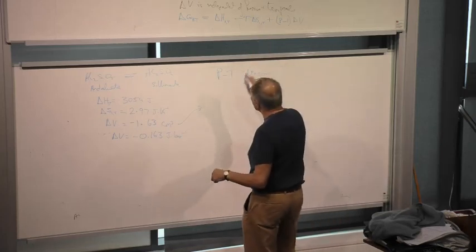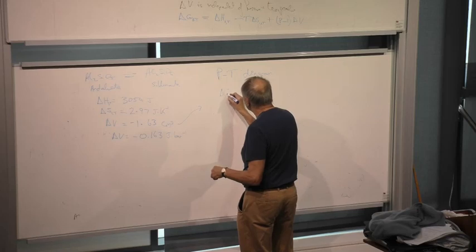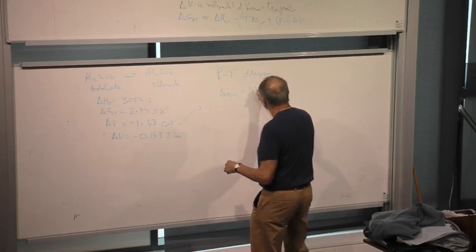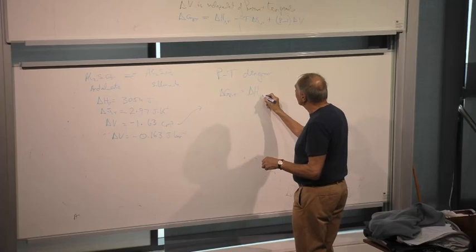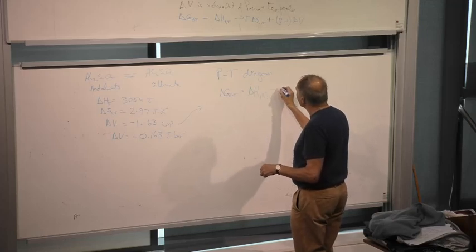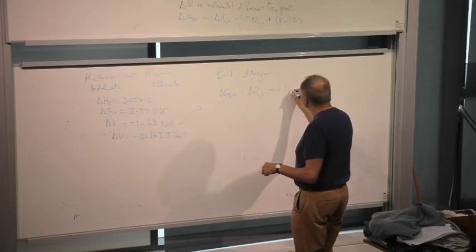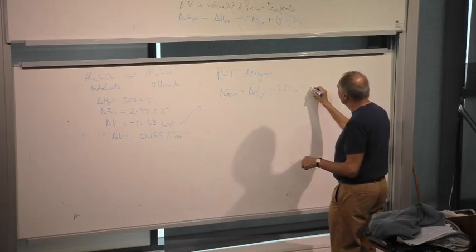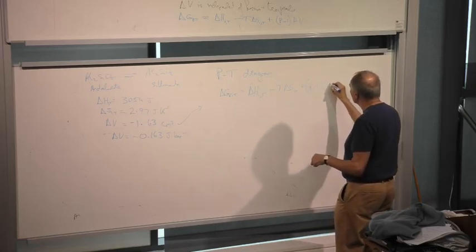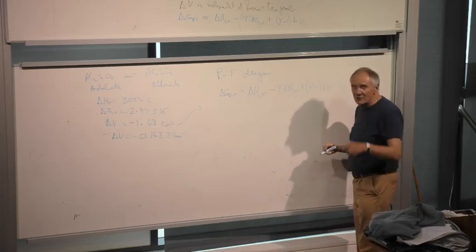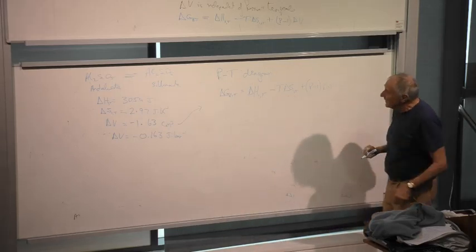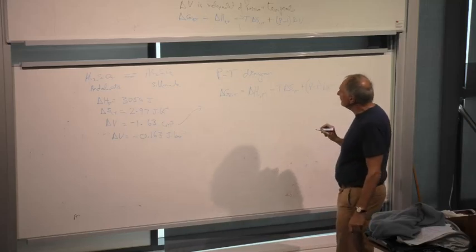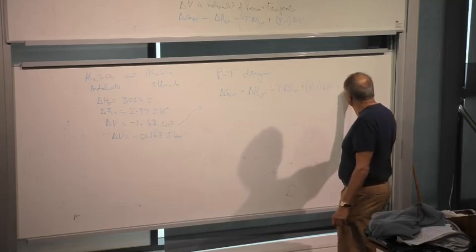Well, we use this equation here: delta G at P and T is delta H at 1 bar minus T delta S at 1 bar, plus P minus 1 times delta V. And we set that to 0.